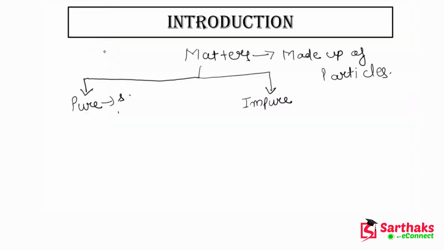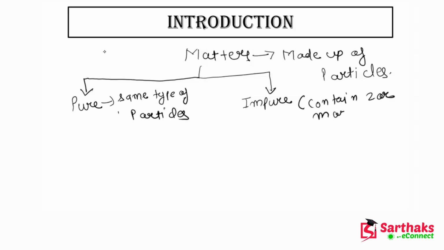On the other hand, impure matter is made up of two or more types of particles.